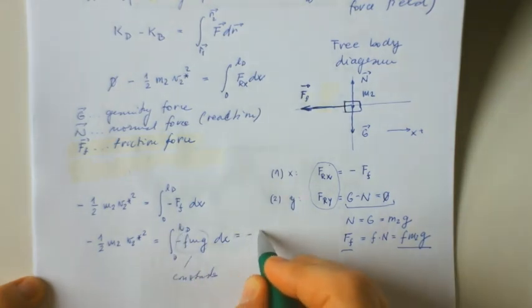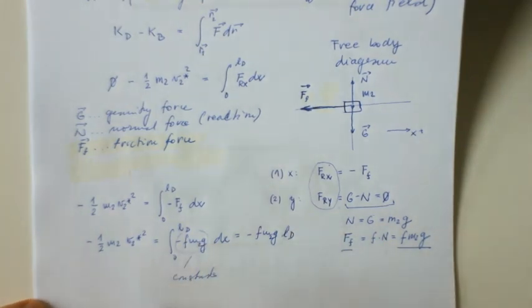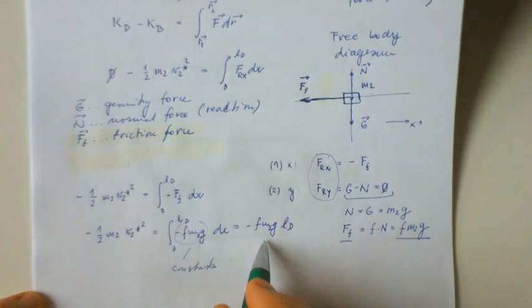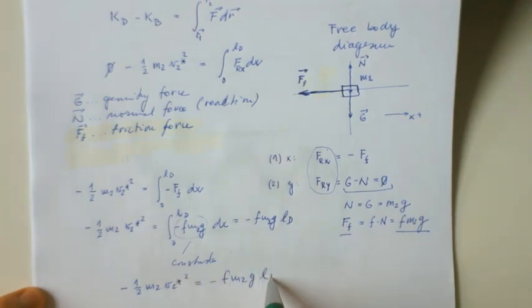So it is minus F m g LD. Now we compare both sides of the equation. So minus a half m2 v2 star squared is equal to minus F m2 g LD. We can cancel m2 and also the minuses, and we can calculate the final length of the motion.